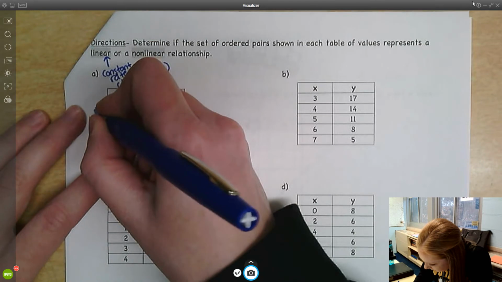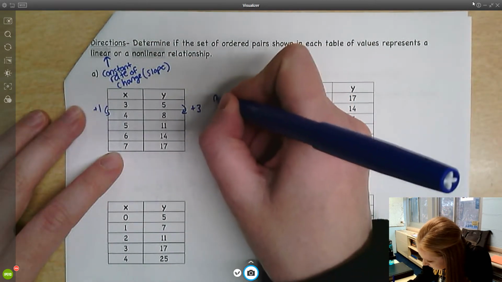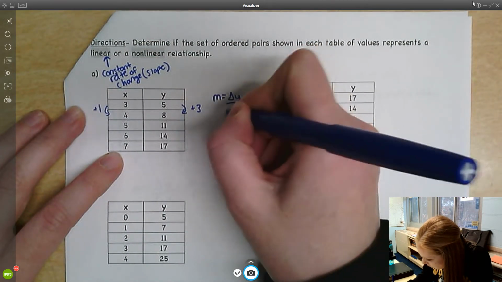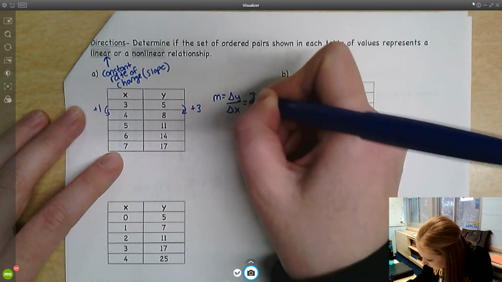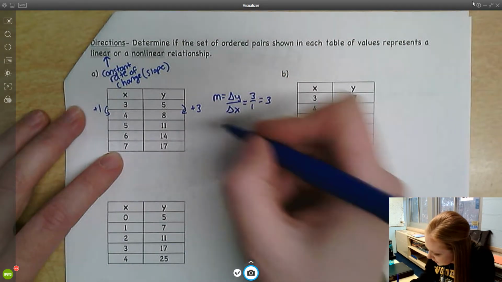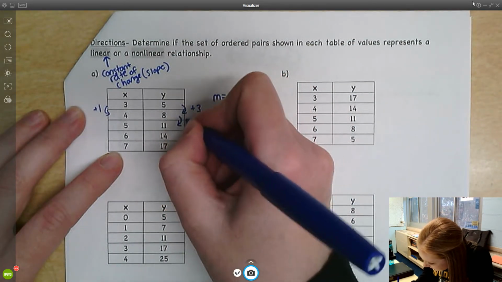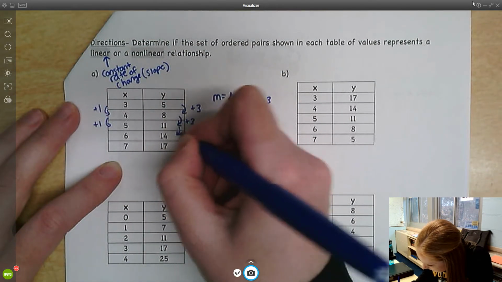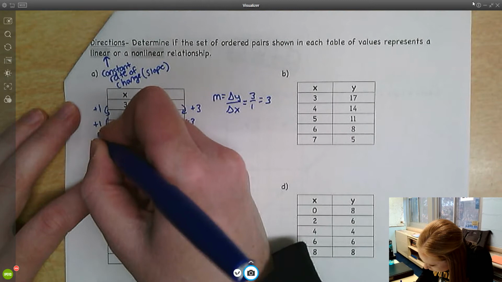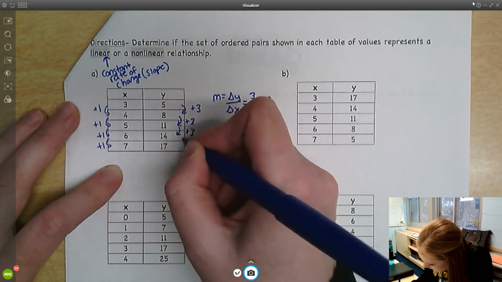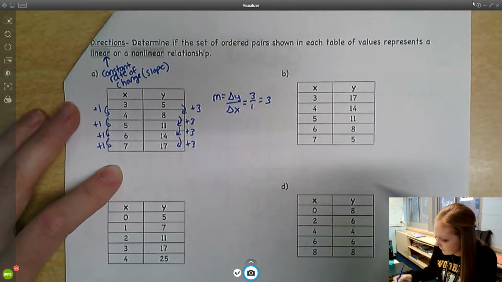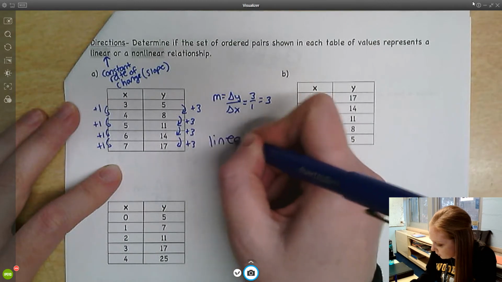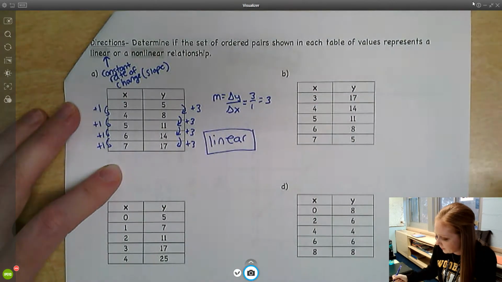To get from 3 to 4, we're adding 1. Slope is change in y over change in x, so it is 3 over 1, which is 3. Now let's see if that's the same here. Add 3 over 1, add 3 over 1, add 3 over 1. Always 3 over 1, linear.